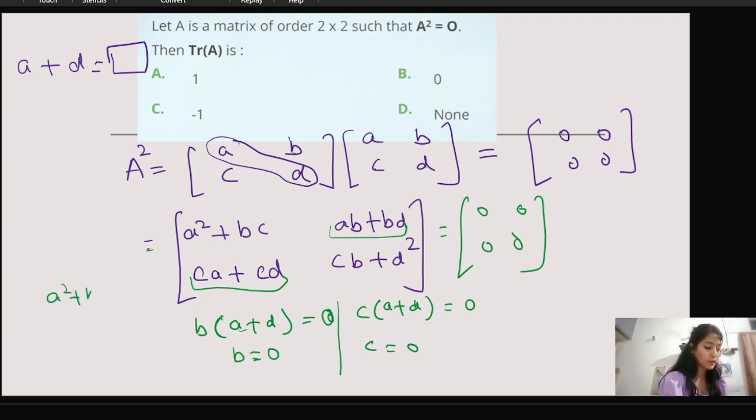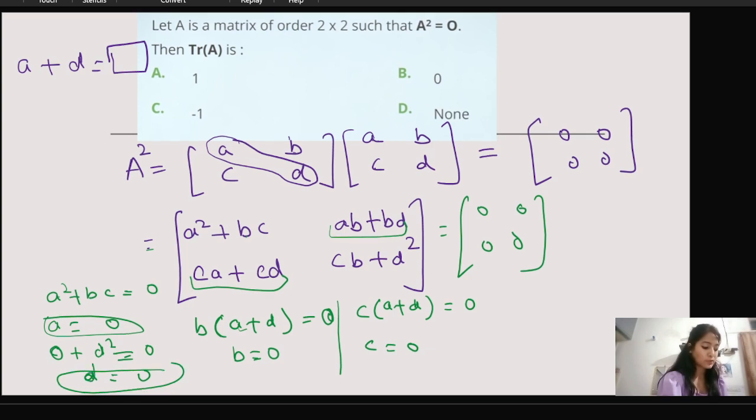A square plus BC is equal to 0, and here BC is 0. That means A is also equal to 0. And here C times B is 0, plus D square is equal to 0. That means D is equal to 0, right? So from here we are getting A is equal to 0 and D is equal to 0.